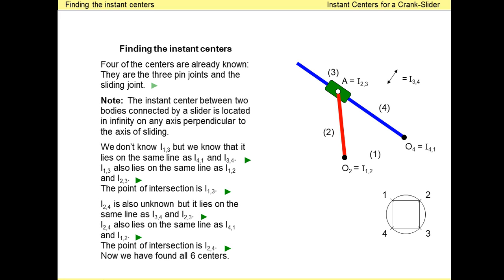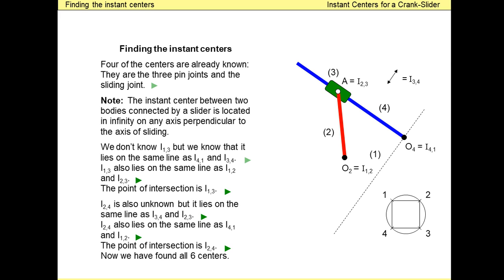It means I24 lies on the intersection of the lines joining I23 and I34 and the line I12 and I14. So in total 4 are already pointed and the remaining 2 we have to determine. Now we are going to see how to determine them.